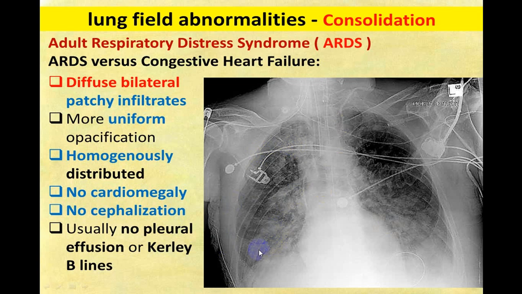Now, it is very difficult to differentiate Kerley A lines and Kerley B lines. But if you see a bilateral shadow, no cardiomegaly, and there are homogeneous shadows with characteristics, hypoxia, etc., we'll call that ARDS. You will suspect ARDS.